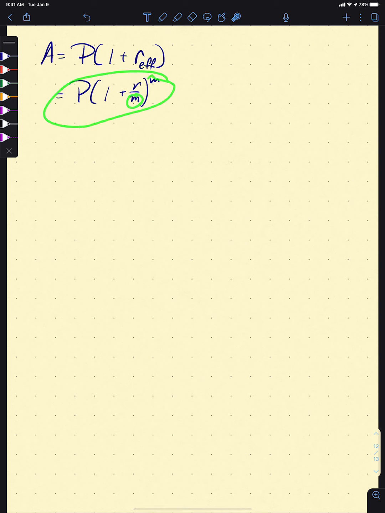We're looking for something like this, 1 plus, we'll say r sub EFF, my effective rate. We're looking for some rate where these two expressions are equal, right? Because this is what 1 year compounded monthly, or whatever our value of m is. And if we set these two equal, well, that's going to give us an equation pretty quickly.